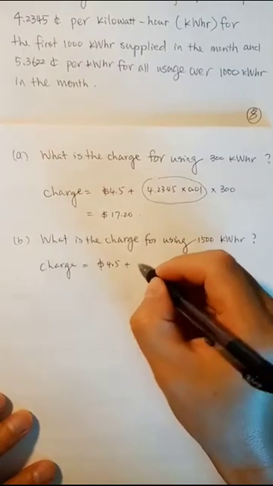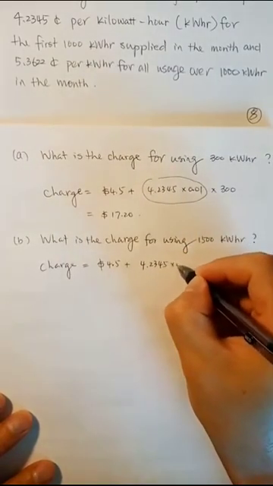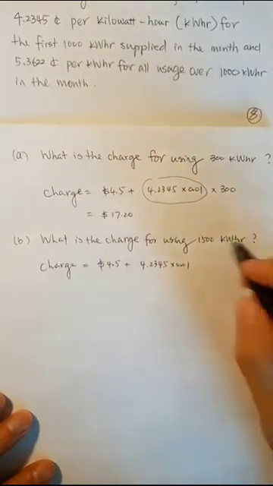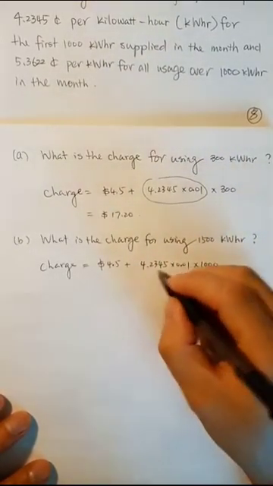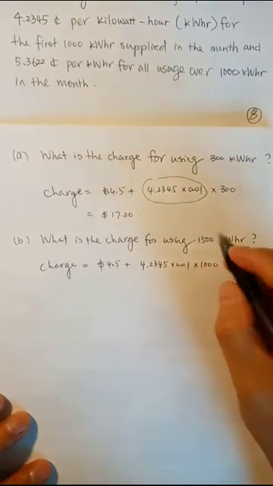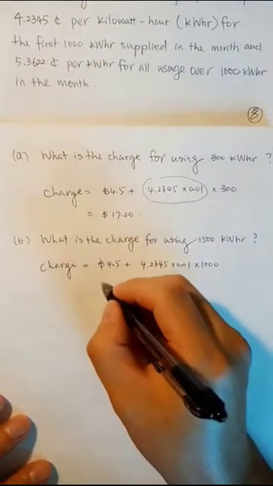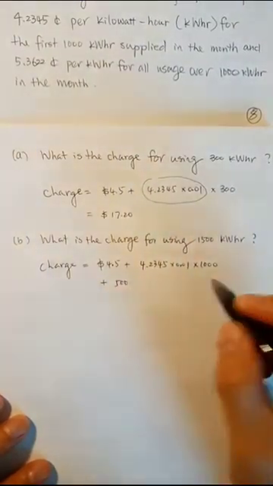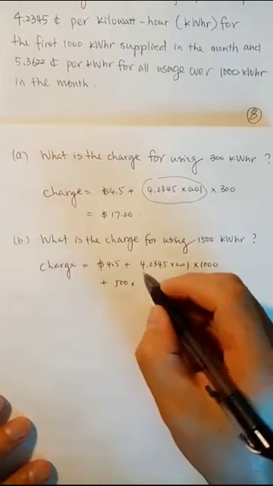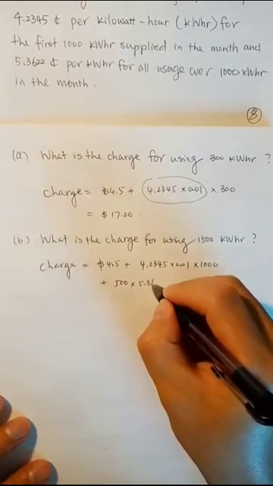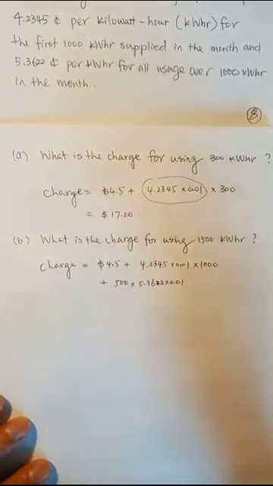So for the first 1,000 kWhr, you have the price 4.2345 cents, and after 1,000 kWhr, you have 500 kWhr. The price is 5.3622 cents per kWhr.